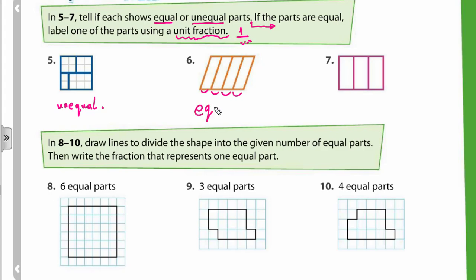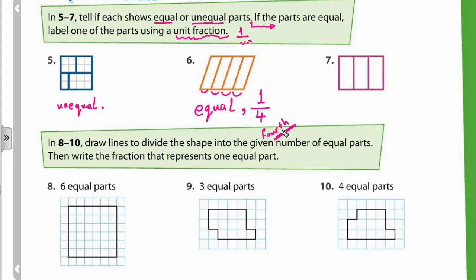So they are equal. And if they are equal, we need to write it as a unit fraction. 1 over. How many parts do we have? 4. Can you read this? Fourth. Fourth means 1 over 4. Okay, thank you, Ali.